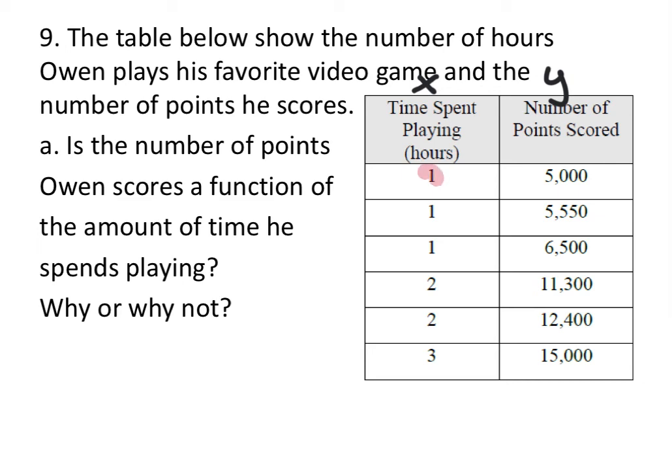And I find 3 times that it repeats for 1, and it repeats twice for 2, like this. So I look at the ones first, at least that's where I'm going to start, and I see that the corresponding y values are different here. Since those y values are different, this is not a function.